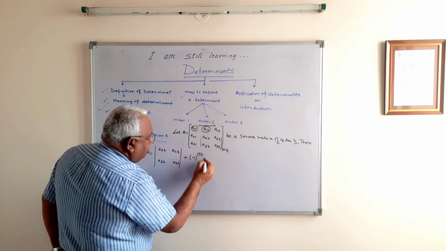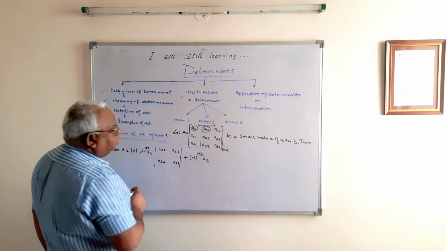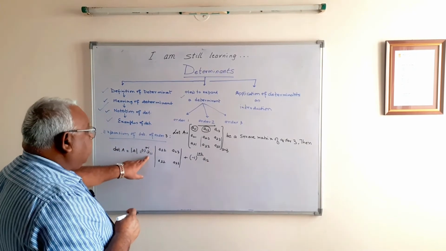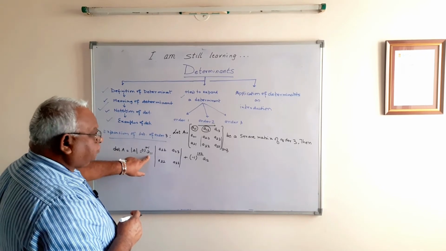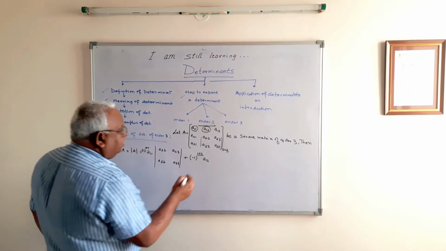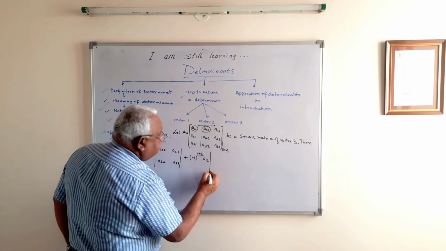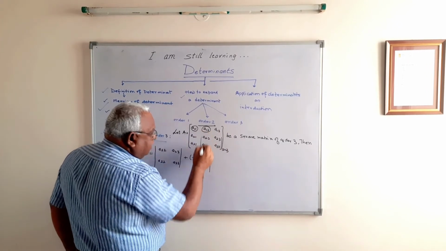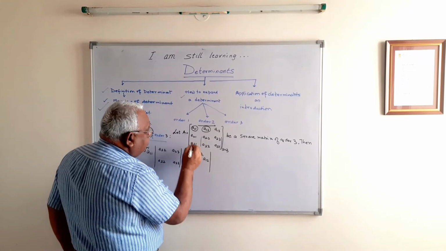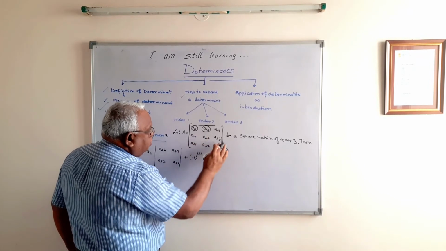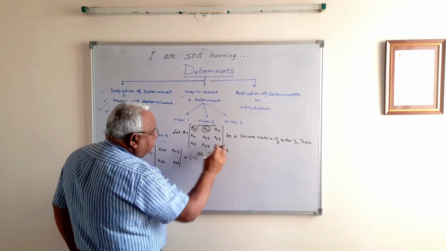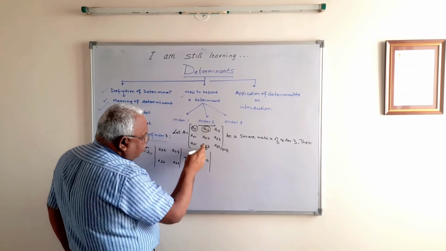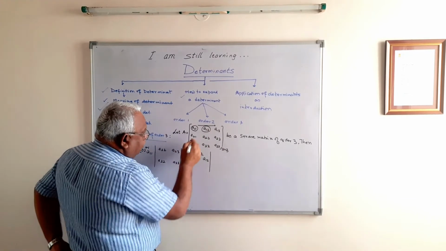So this element is A12. The element has to be written, and then again you will follow the same technique. You will delete this row and you will neglect this column. So what you will be getting now? This column is neglected, so you will be getting A21, A23.